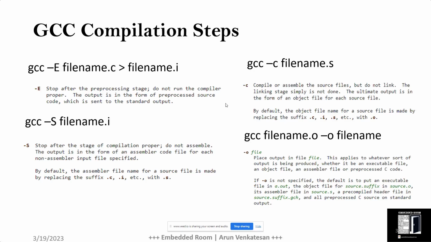The linking stage is not done here. And the final command is gcc filename.o -o filename. Here -o means whatever the input file is, it is converted into an executable file.